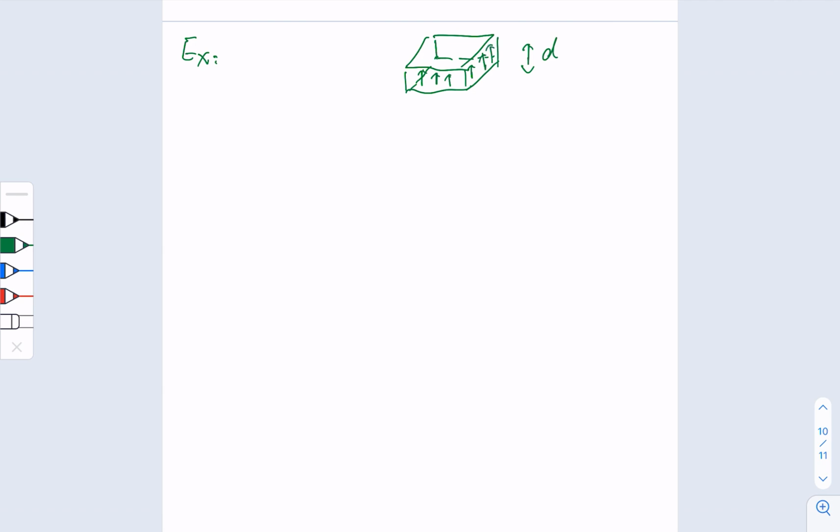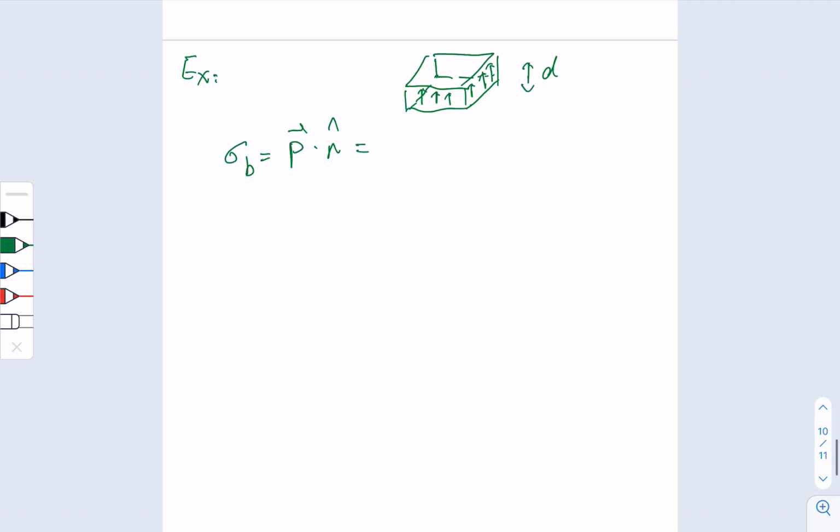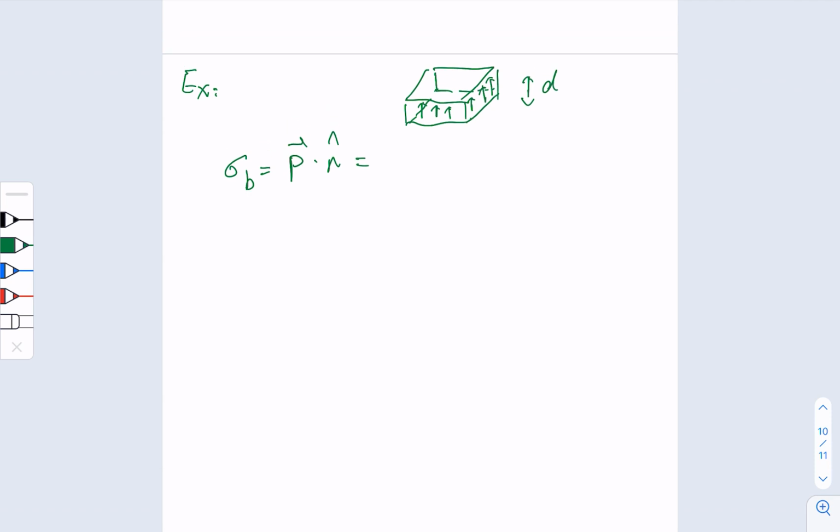Now if we look at the surface charge of this material, there are two possible charges. One is the bound charge on the surface, and that is on the top and the bottom surface.